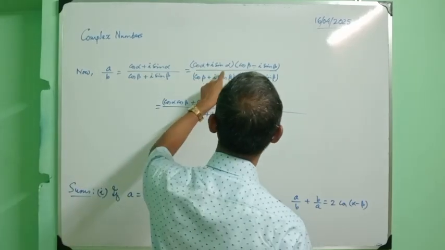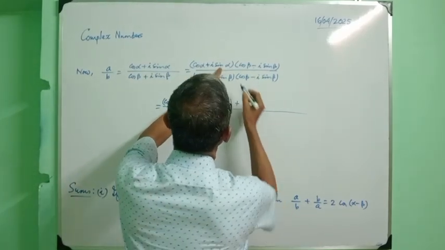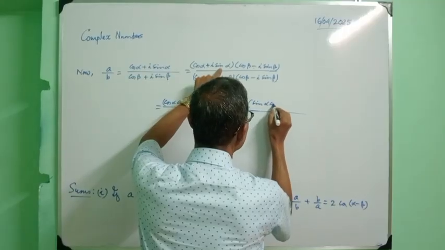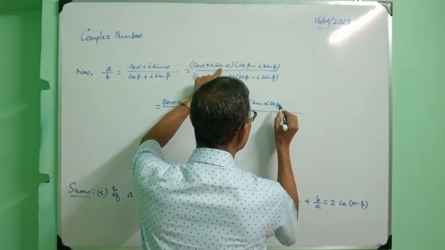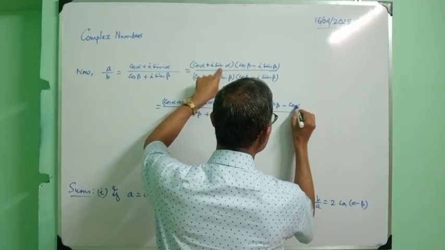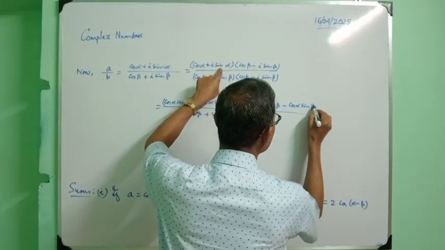Cos alpha first sin alpha cos beta, minus cos alpha sin beta.